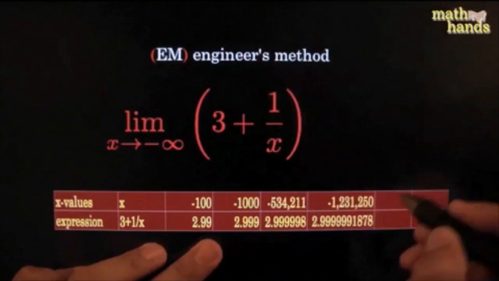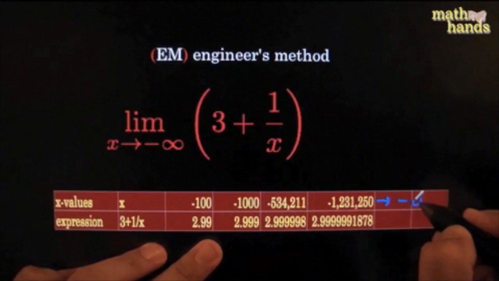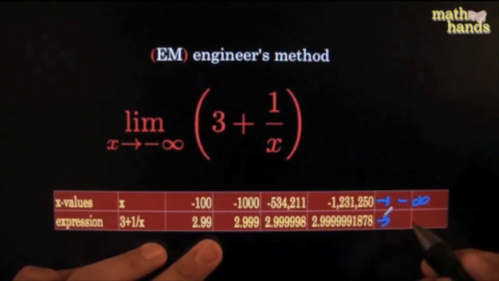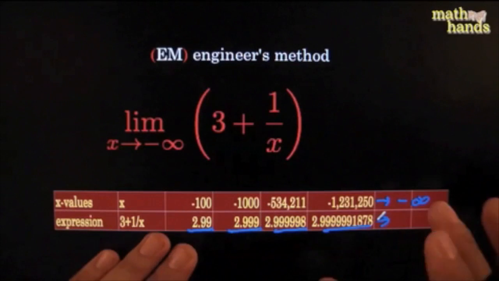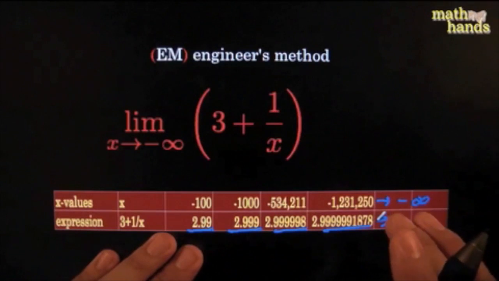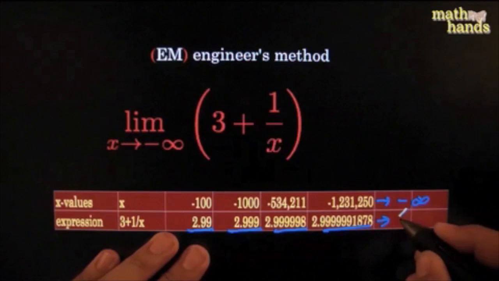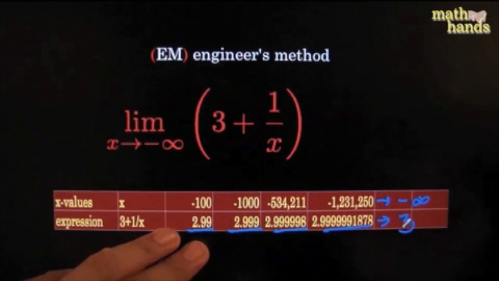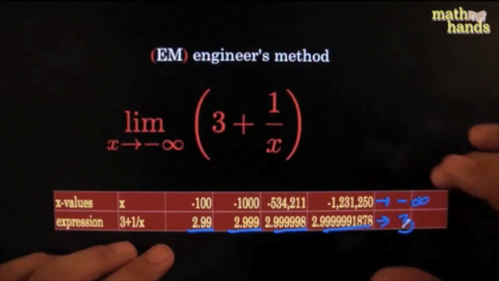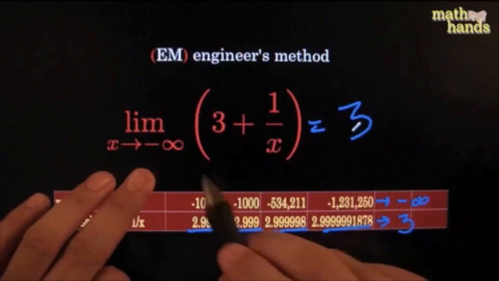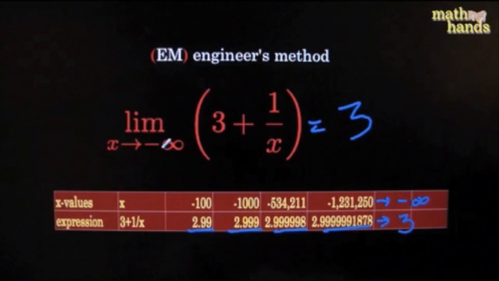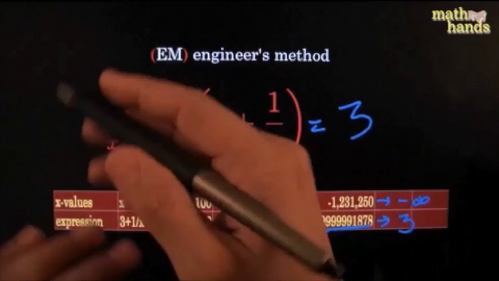As your x's move towards negative infinity, what do you suppose would be your best prediction for the expression, based on these values? If you said 3, then we've got something good going on here. That would be the best prediction as your x's move towards negative infinity. See? Easy.